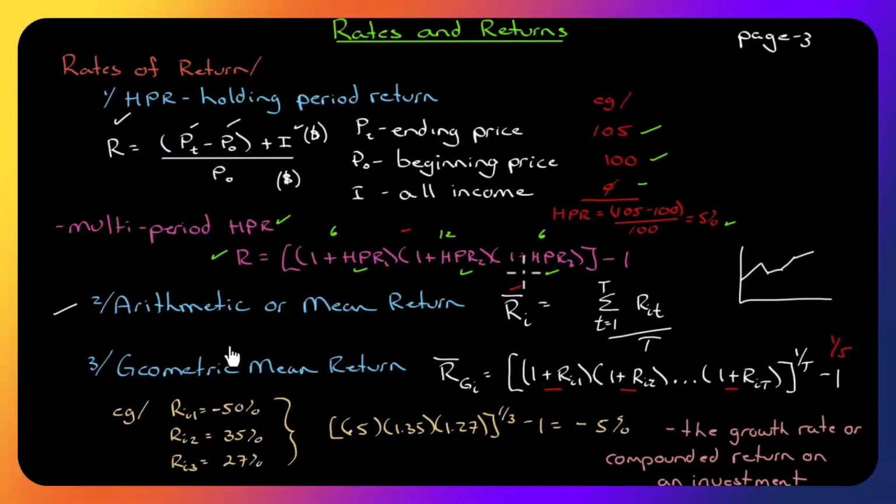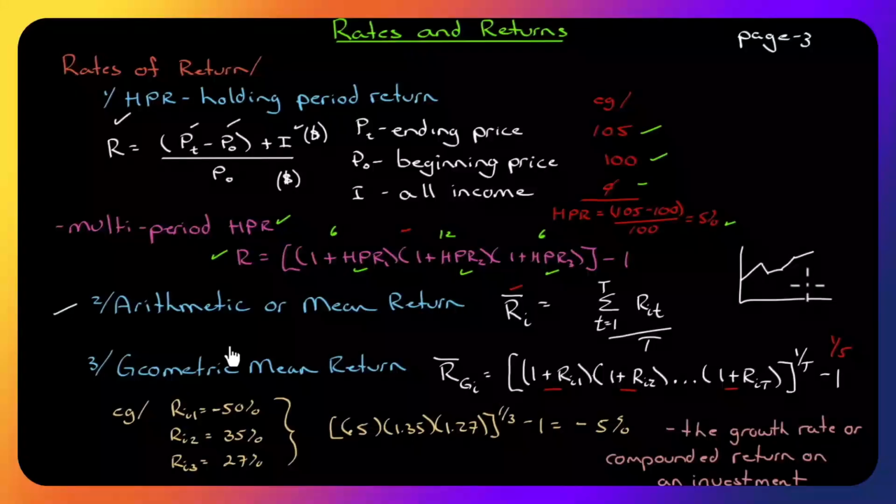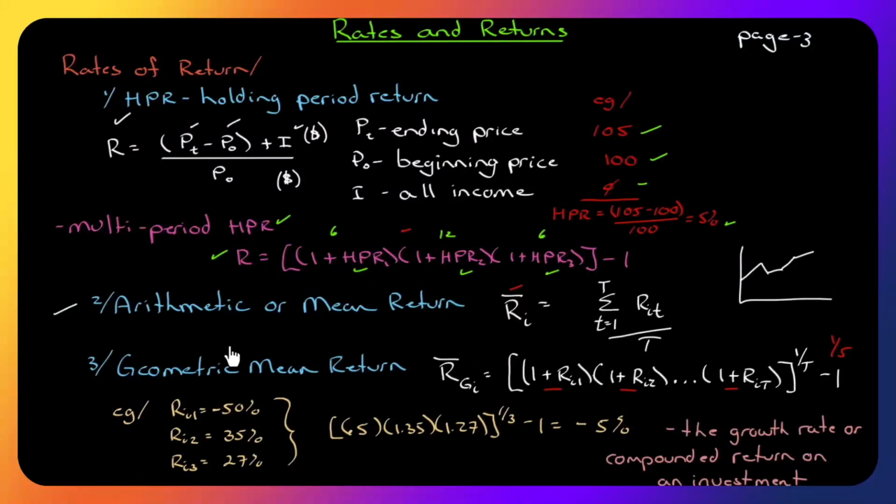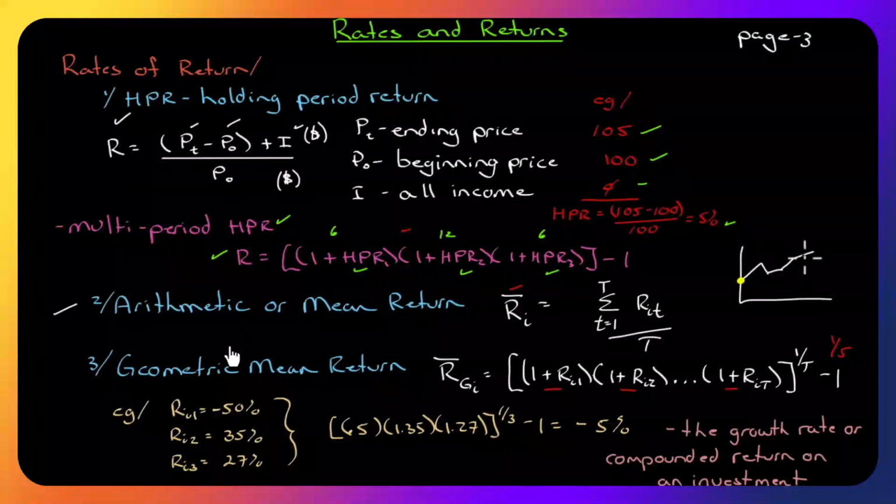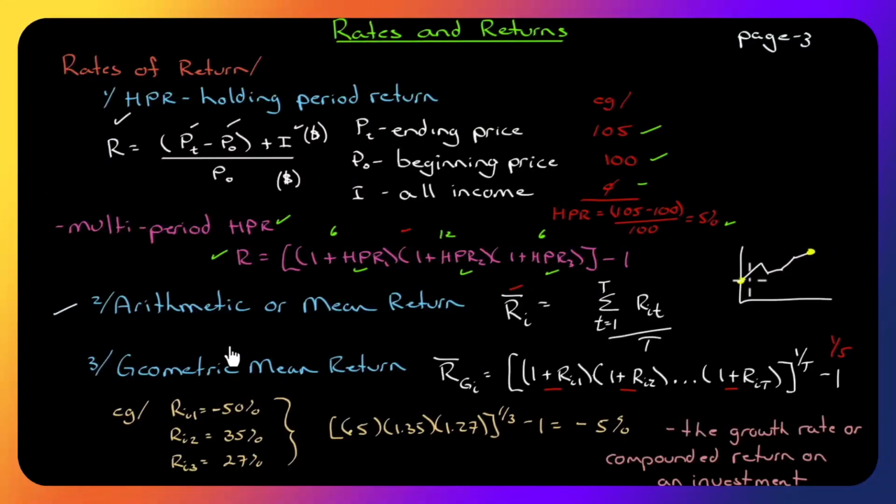Well, we can calculate an average return per year. But what is more interesting sometimes is saying, well, if I draw a straight line from the beginning to the end, and we know we have 5 years in here, what was the constant return per year that brought the beginning value to the ending value? That is called a geometric mean return.